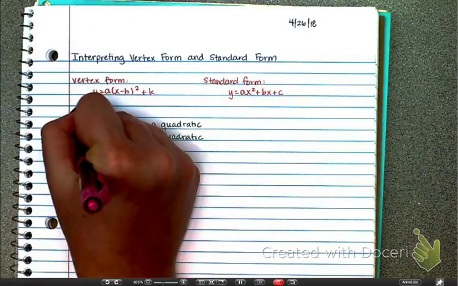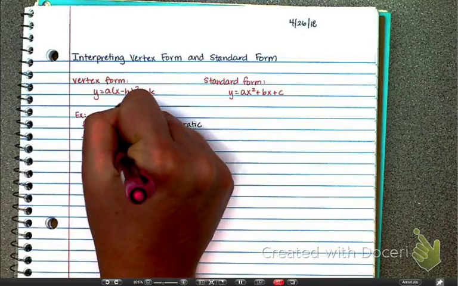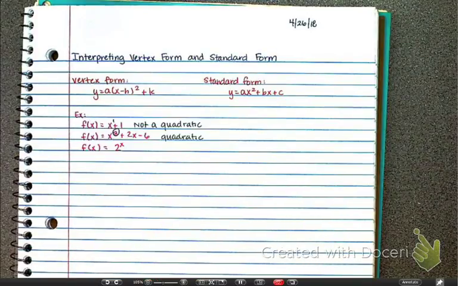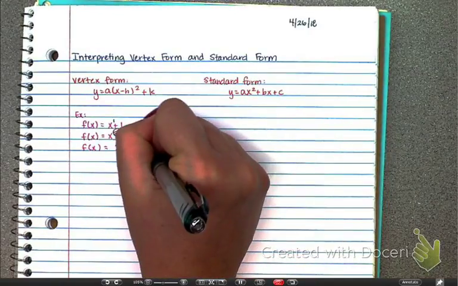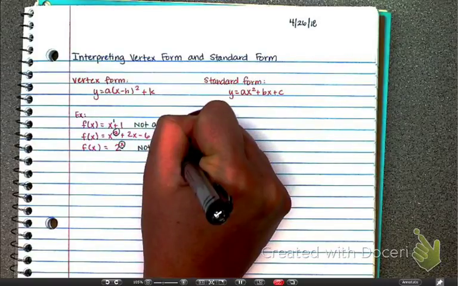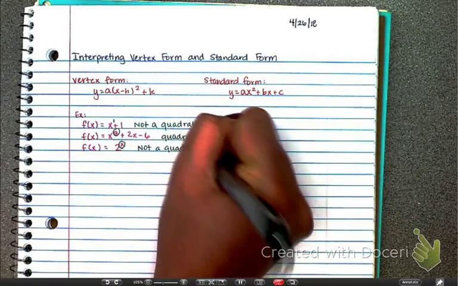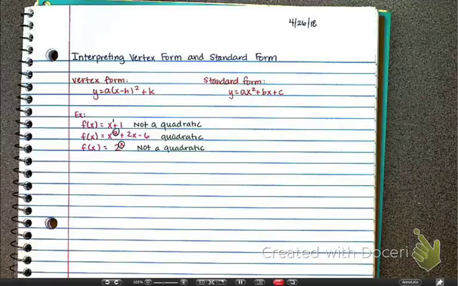What about f of x equals 2 to the x power? Nope, not a quadratic. Are you seeing how we're identifying that?